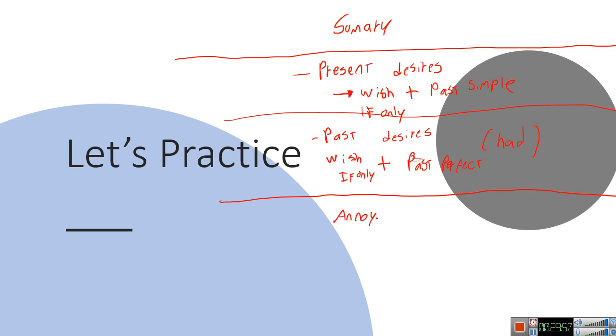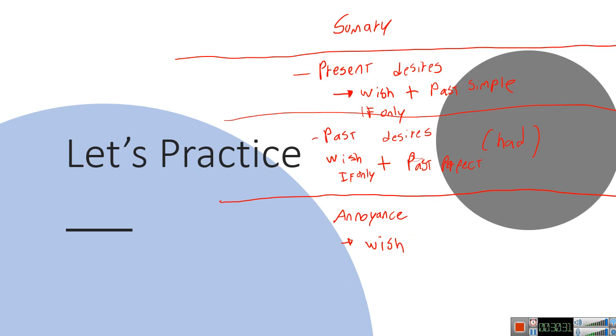How about annoyance? Can I use if only, or can I use wish? Which one do you think? Annoyance. Wish or if only? Or both? I think both. Wish for annoyance. Okay, so in this case, I can only use wish.